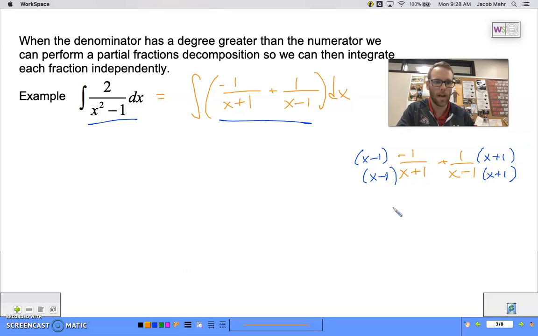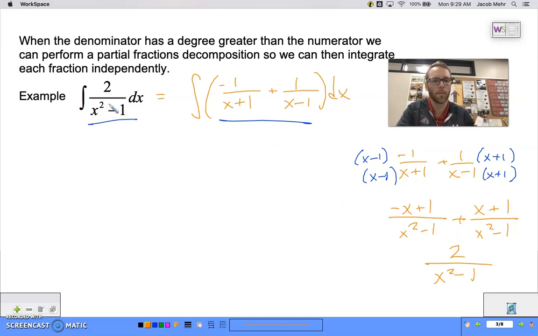Now, distributing on the top gives me a negative x plus 1, and x minus 1 times x plus 1 is x squared minus 1, plus distribute here x minus 1, and our denominator is x squared minus 1. So now we have two fractions with a common denominator. Let's add their numerators. Negative x plus x is 0. 1 plus 1 is 2. And we can see, it's supposed to be a minus, we can see that this is actually equivalent to what we had before.